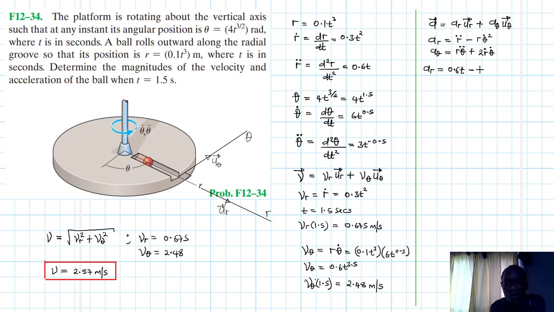So we have R, what is our R? That's 0.1 t cubed, and then we have theta dot, which is 6t to the power 0.5, squared, right?